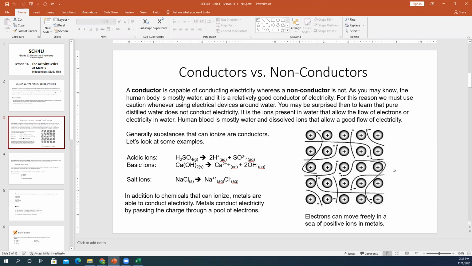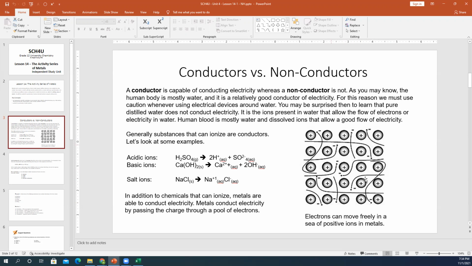The reason these metals conduct electricity, if you can think back to our lesson on metallic solids, is that metals conduct electricity by passing charge through this pool of free-floating electrons, the sea of electrons, I believe was the term we used in that lesson. These electrons move freely in this sea of positive ions in the metals.